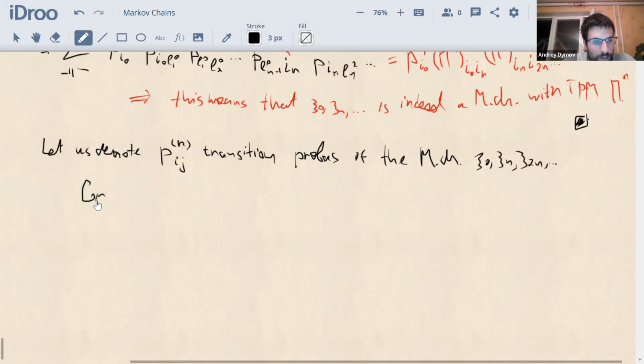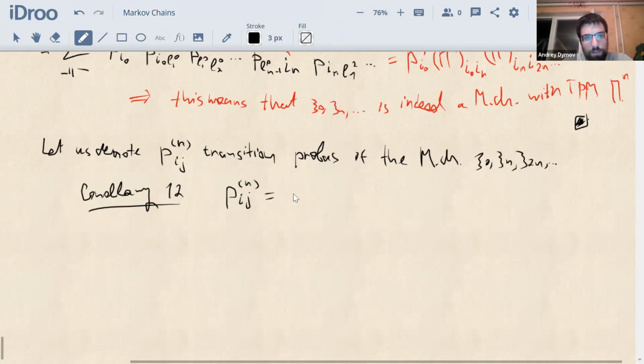So, corollary 12. Actually this isn't even a corollary, this is just the notation, but well, let me call it corollary. These transition probabilities have the following form: this is the initial transition probability matrix to the power n and its component number ij.